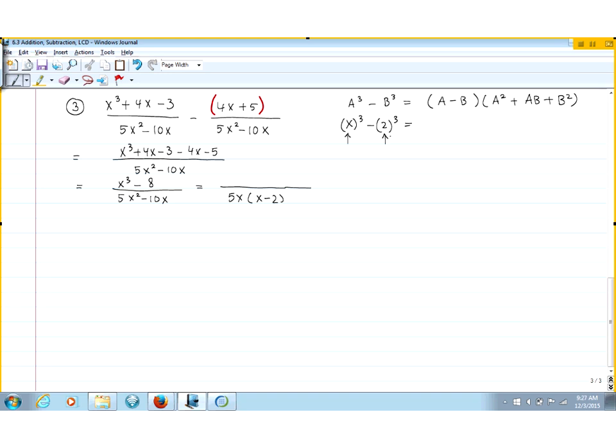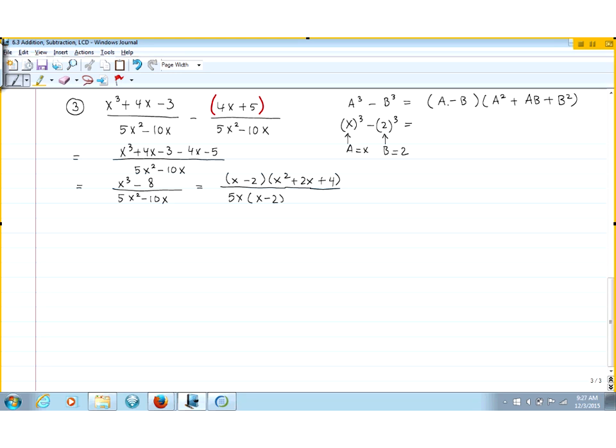Okay? So your a is your x, your b is your 2. So what is a minus b then? X minus 2. What is a squared? It's x squared. Plus ab. What is ab? 2x. Plus 4. Yes. B squared.